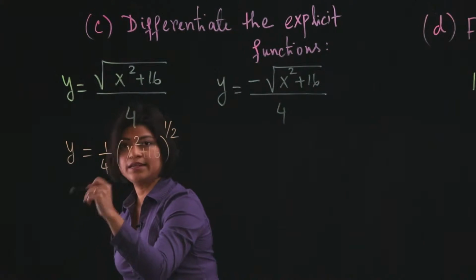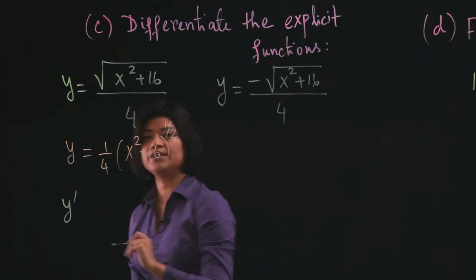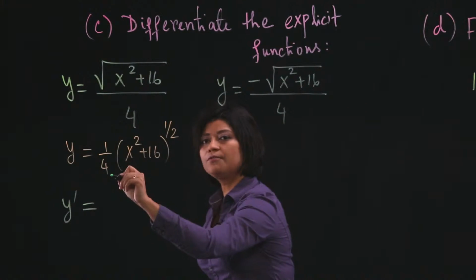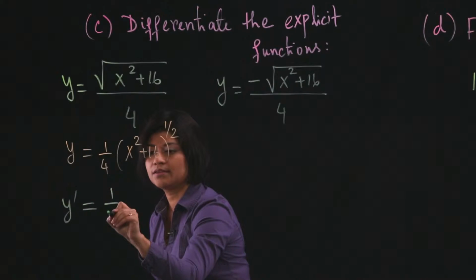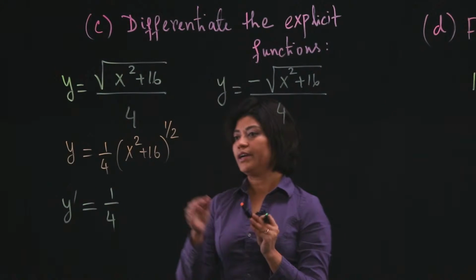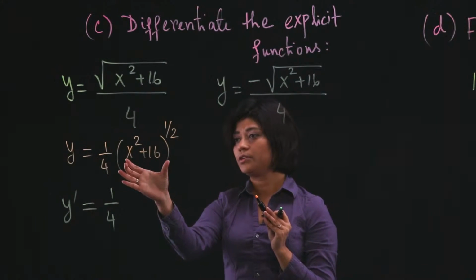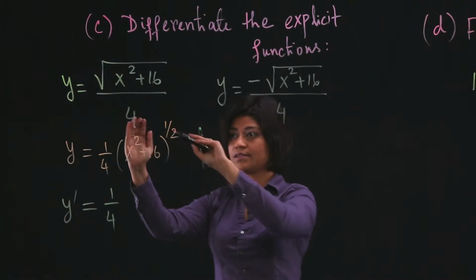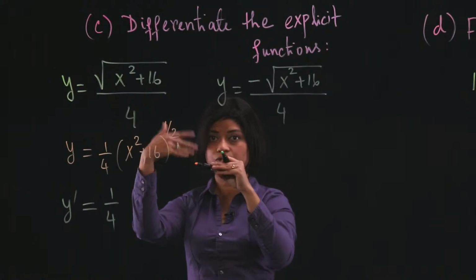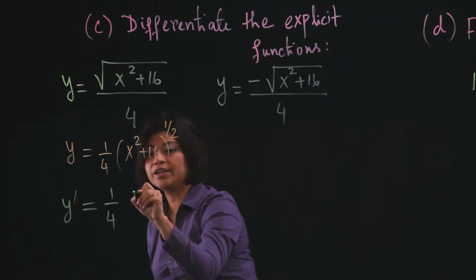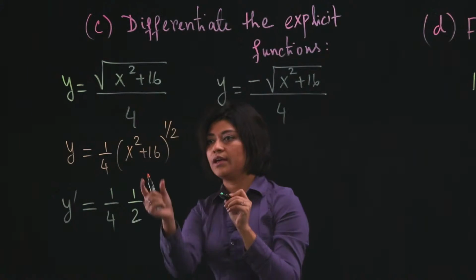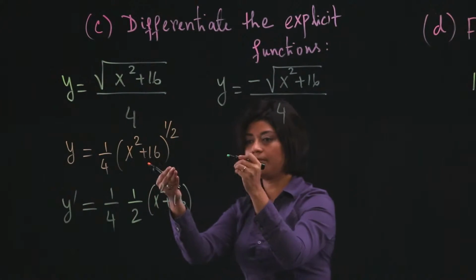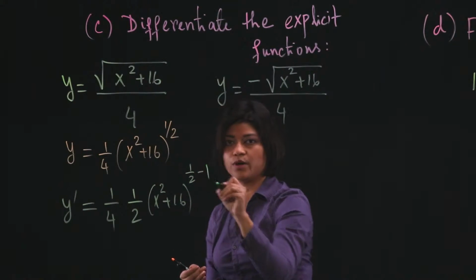So continue, and next step, let's just find the derivative. So what is y prime? The 1/4 is a constant, it stays as 1/4. For the function itself, it's chain rule. So the outer function is the exponent 1/2, so you're using the power rule. You bring the 1/2 down, and then x squared plus 16 will have a power of 1/2 minus 1.